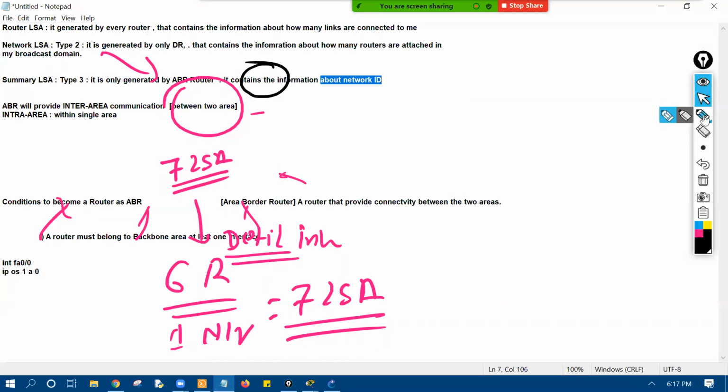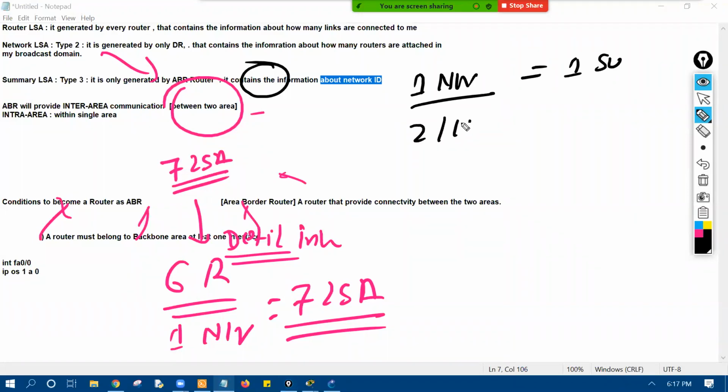For example, if you have 1 network ID, 1 summary LSA. If you have 2 network IDs, 2 summary LSAs. If you have 10 network IDs, 10 summary LSAs. Clear?